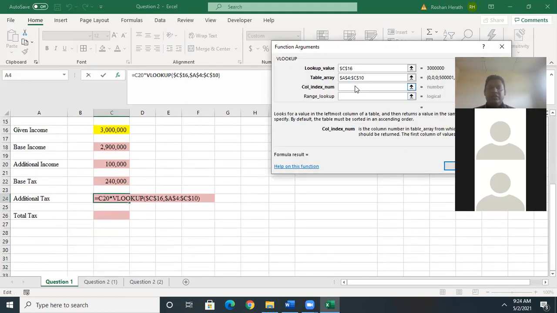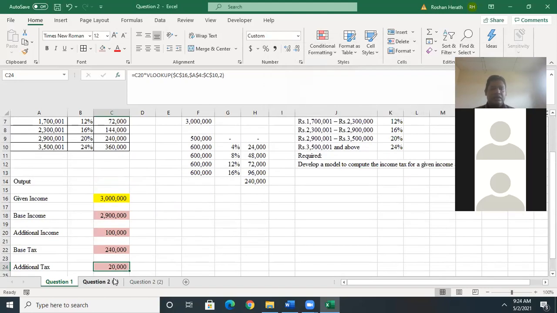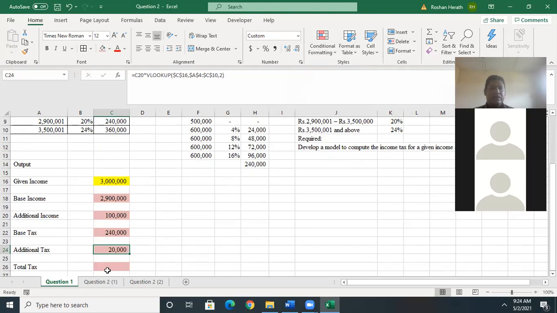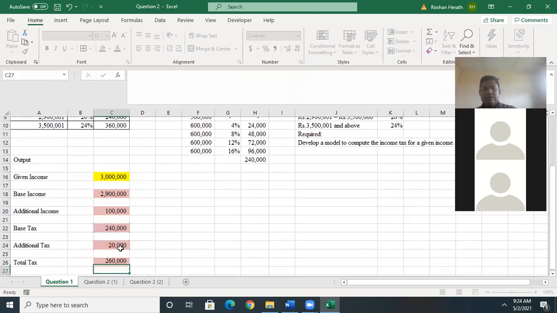Then in which column can you find the tax rate? That is column 2. Then the additional tax is calculated. So it is 20,000. Then the total tax is now straightforward: base tax plus the additional tax.